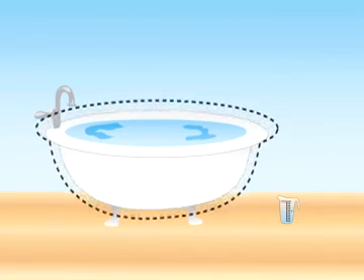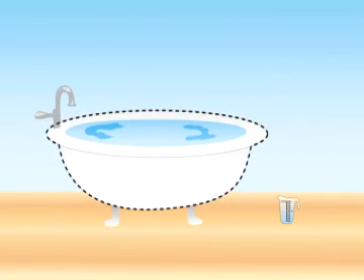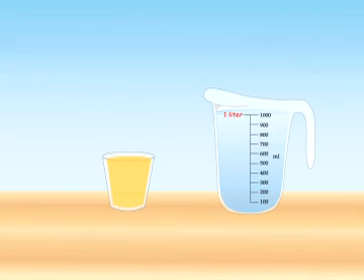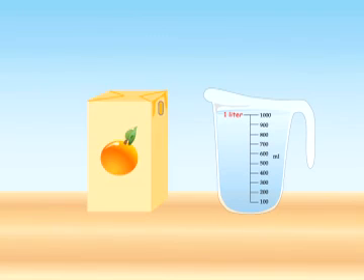A bathtub holds more than a liter. A cup holds less than a liter. This box of juice holds a liter.